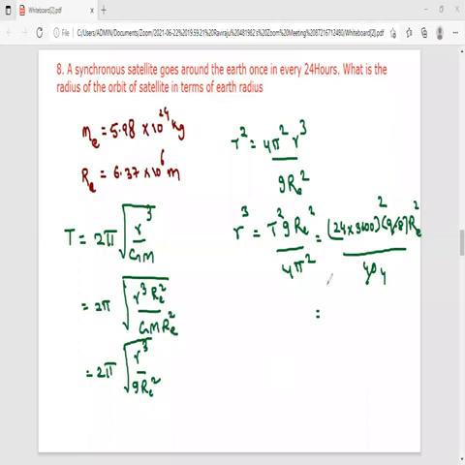All of you gave the correct answer only. By solving all this, R is nearly equal to 6.6 into Re. They got the value nearly equal to 6.6 into Re only. Okay, that is the answer.